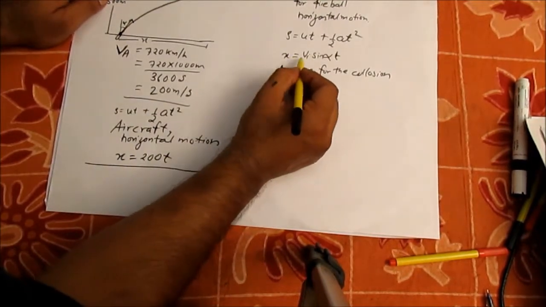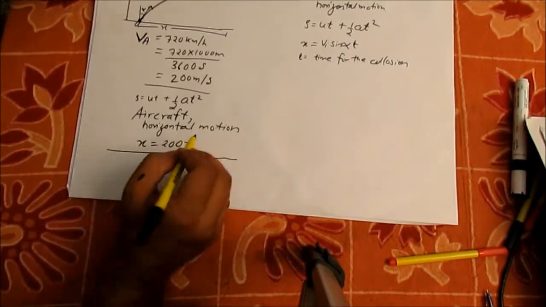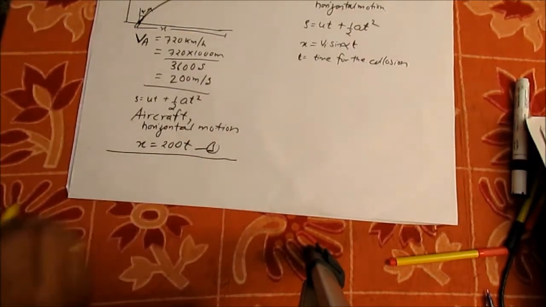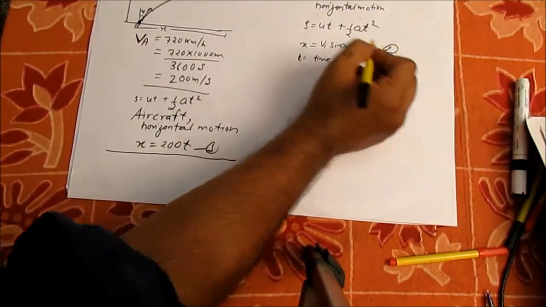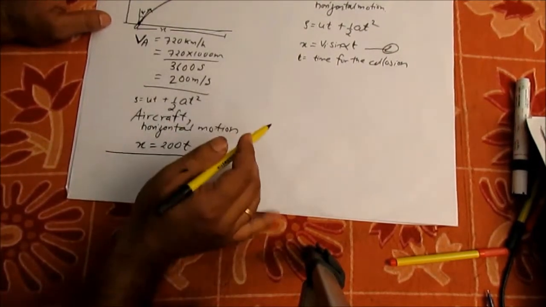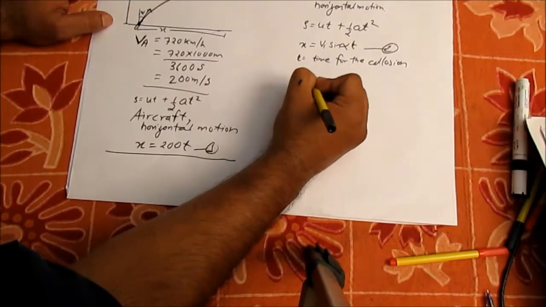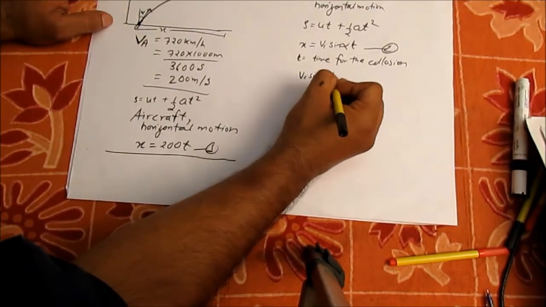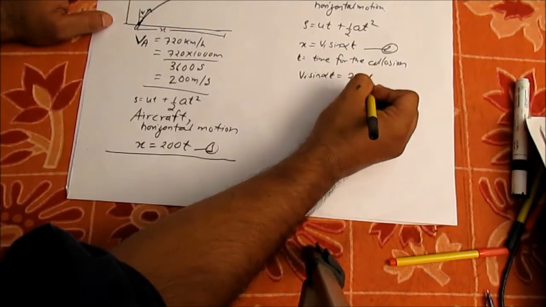Now I have got x equal to Vi sin alpha t. My first equation is x is equal to 200 into t, and my second equation is x equals Vi sin alpha t. Equating x from both these equations, Vi sin alpha t is equal to 200 t.